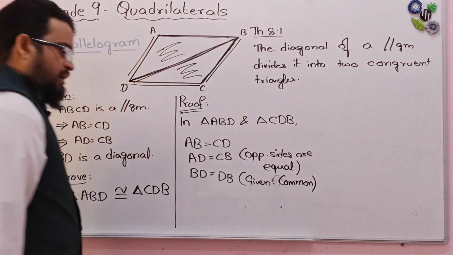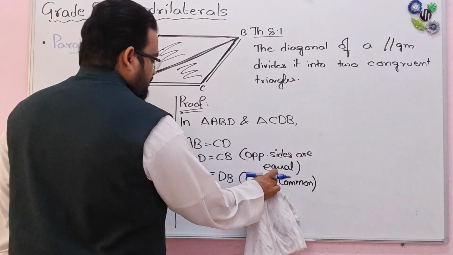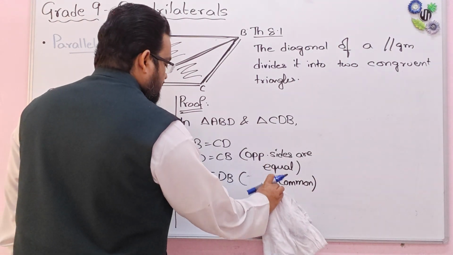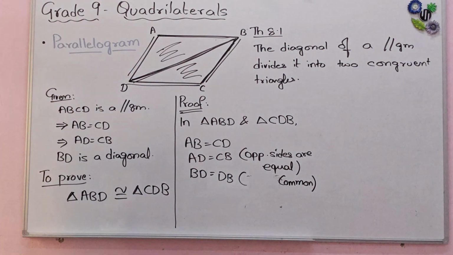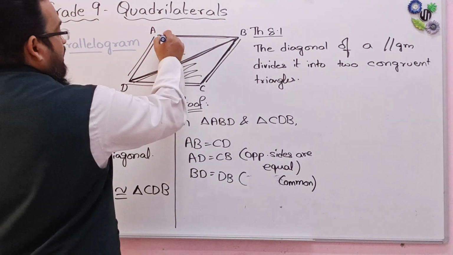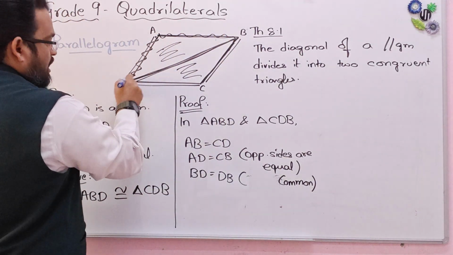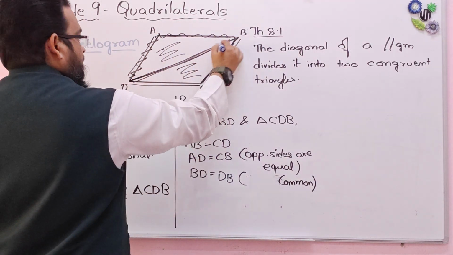Sorry, it is not given. This is common. Now, what are these? AB, AD, and BD.